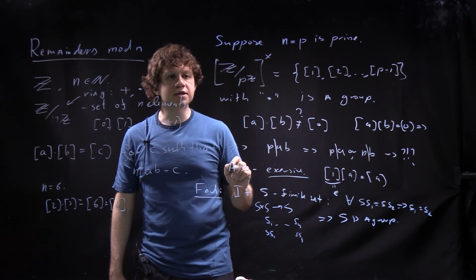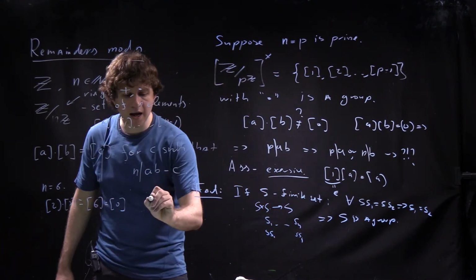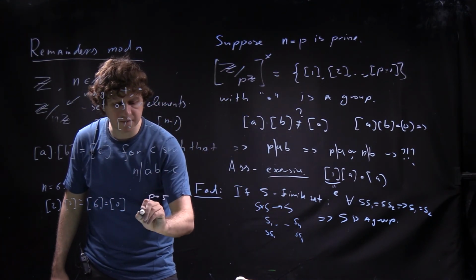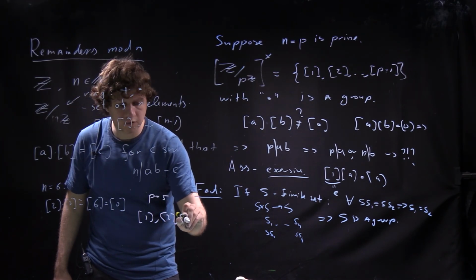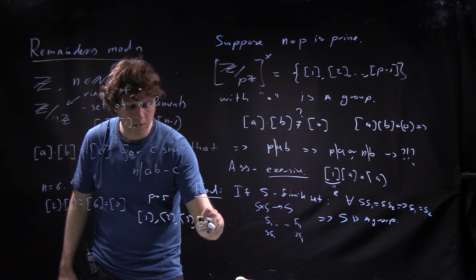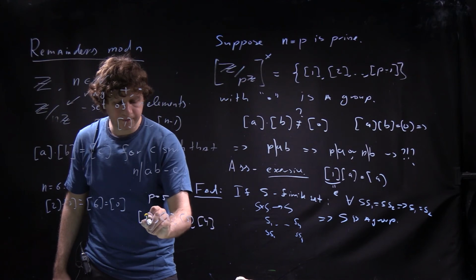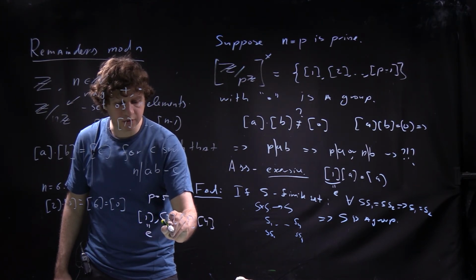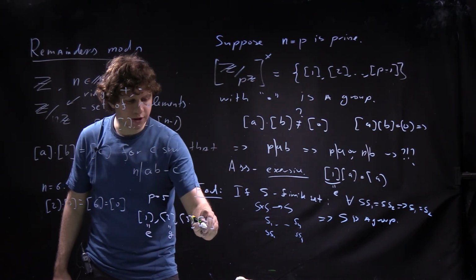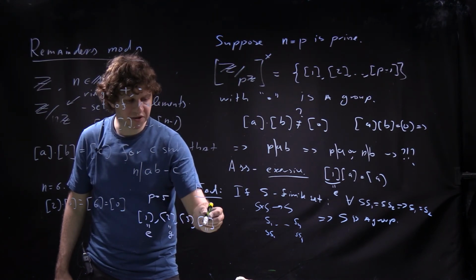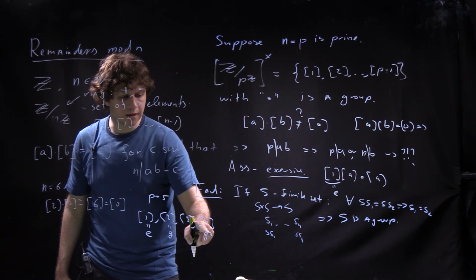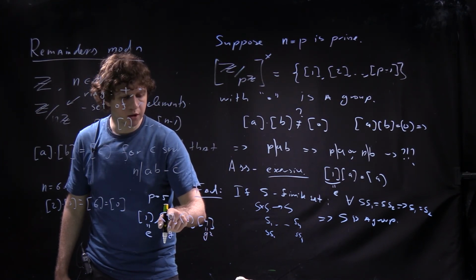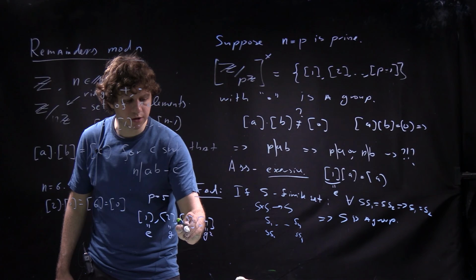For instance, if you take p equal to 5, it has 4 elements, 1, 2, 3, 4, and 1 is the identity. Let me call 2 G. So this is G. G squared is 2 squared, which is 4. And if you take G cubed, it will be 2 times 4, which is 8, which is 3.